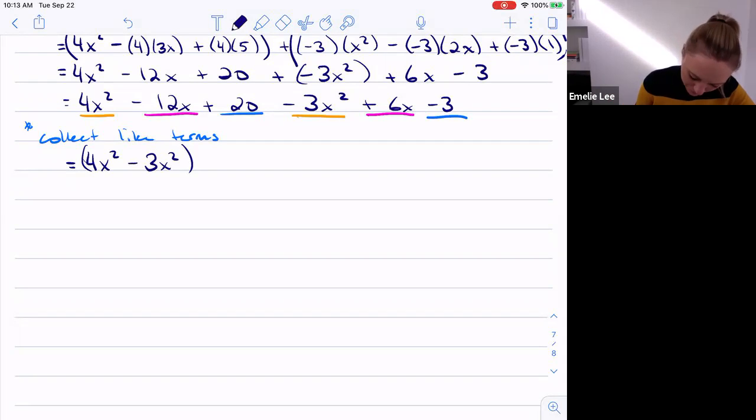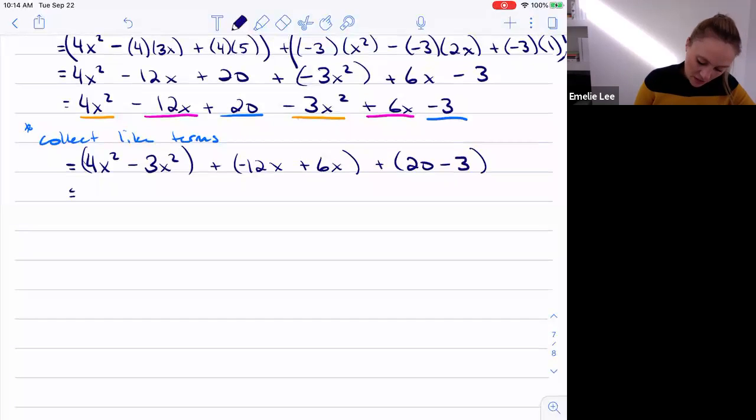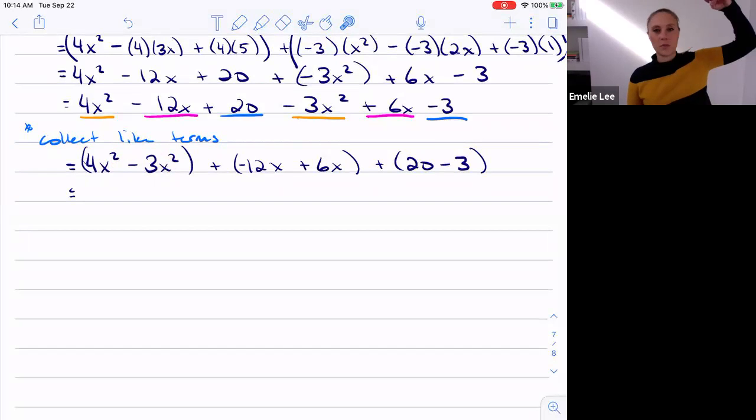And then I've got negative 12x plus 6x plus 20 minus 3. So this becomes 4 minus 3 times x squared. What I'm doing technically is pulling out this common x squared, and then I'm left with 4 minus 3 times x squared.